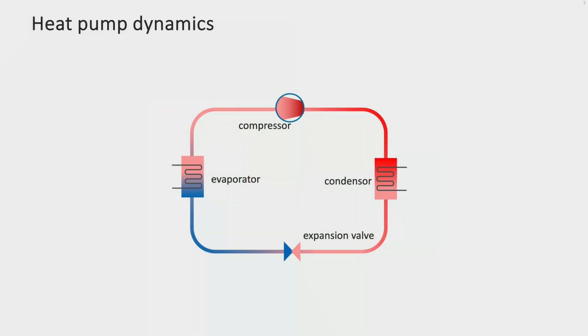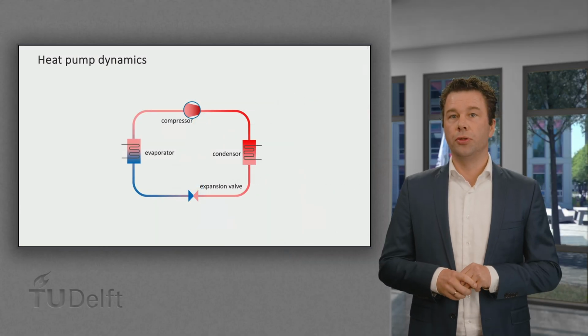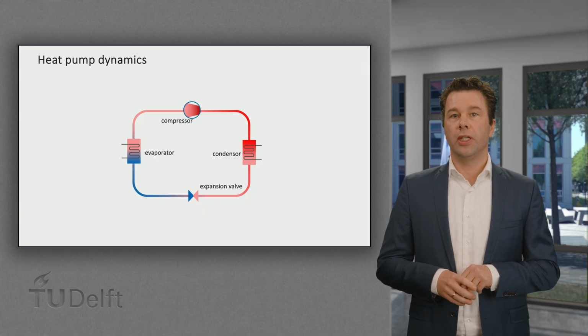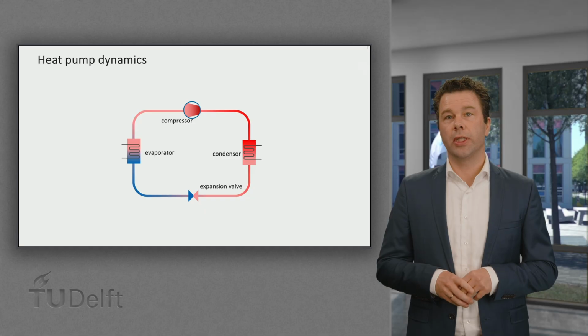Let us look in detail at this cycle, which in this schematic runs in the clockwise direction. We will step by step discuss the occurring processes at each of the 4 main components of the heat pump, which are the compressor, the condenser, the expansion valve, and the evaporator. The temperature levels used in this example represent common values for heat pumps used in space heating, but vary between heat pumps depending on their purpose and design.